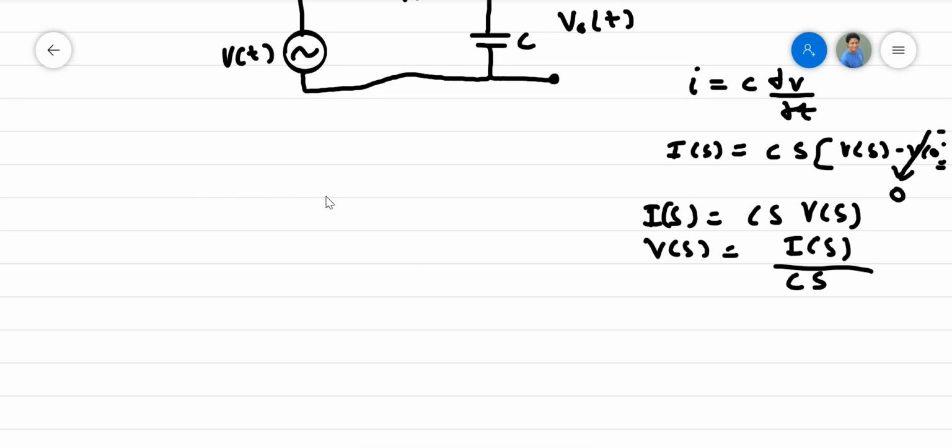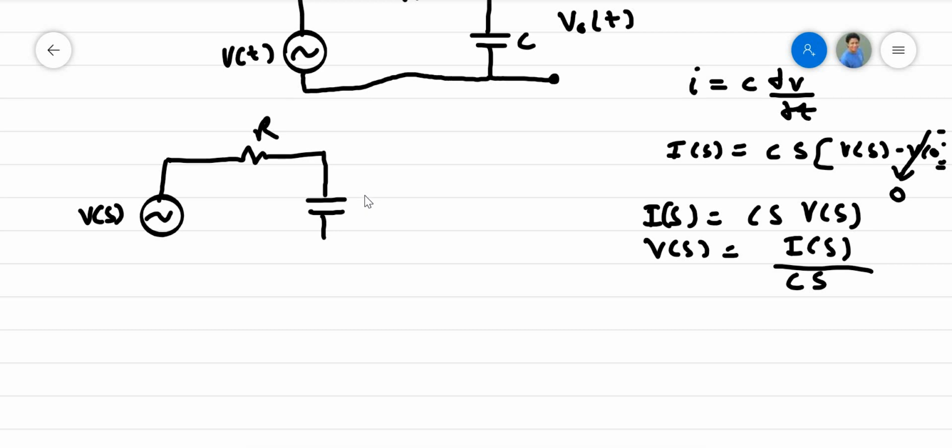Then we can redraw this particular circuit in terms of the Laplace transform. So it is V(s), and then there is a resistance R, then there is a capacitance which can be written, in resistive form, as 1 by Cs. So the resistance is 1 by Cs, and the output obtained is V0(s).